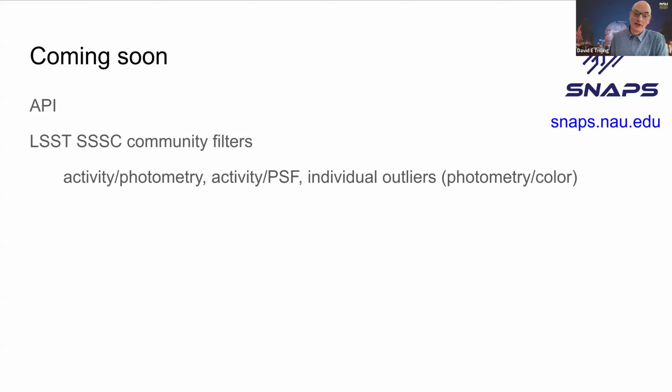One is a search for activity based on PSF anomalies, and another is a search for individual outliers that could be unusual in either photometry or in color. And we basically have all of the algorithms for those completely built. We have not totally translated them into the kind of filter that was proposed and requested. And so that's coming soon, is basically to take our algorithm and package it in a way that we can then serve alerts based on these filters as well as ones that we're developing.